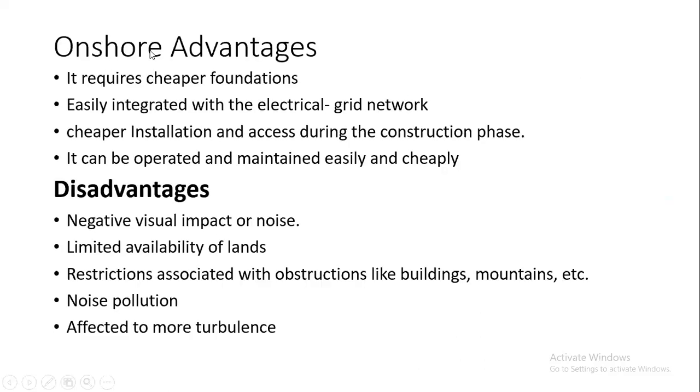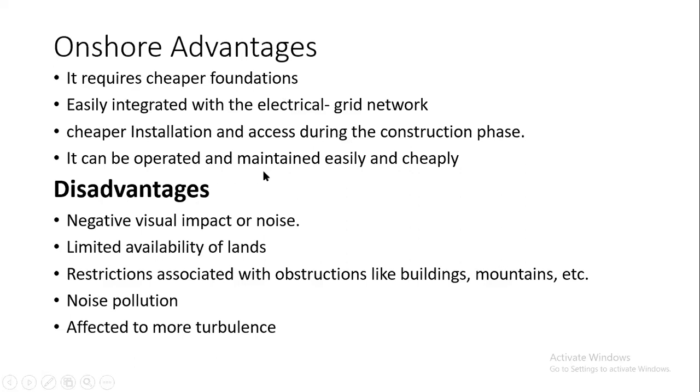So we start with the advantages of onshore power plants. Onshore wind turbines or wind farms require cheaper foundations, are easily integrated with the electrical grid network, and have cheaper installation and access during the construction phase.